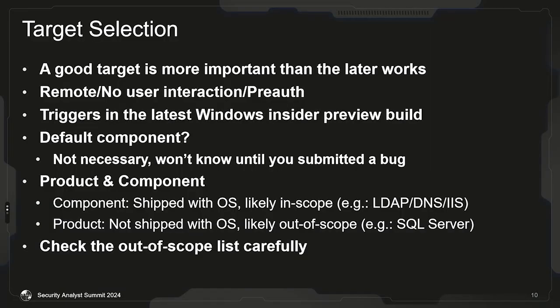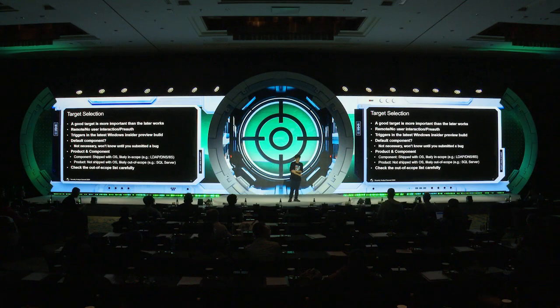And you have to choose a target to research, which is the most important step, in my opinion. Make sure your target is pre-auth, with no user interaction and no authentication, and make sure the target exists in the latest Windows Insider Preview build.